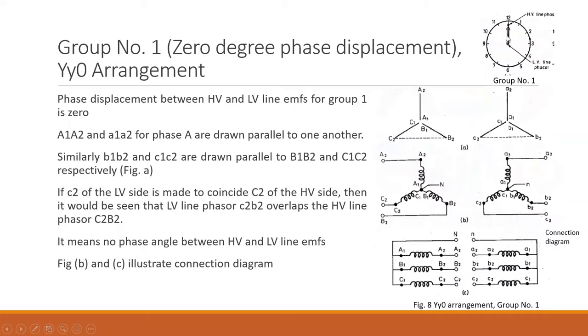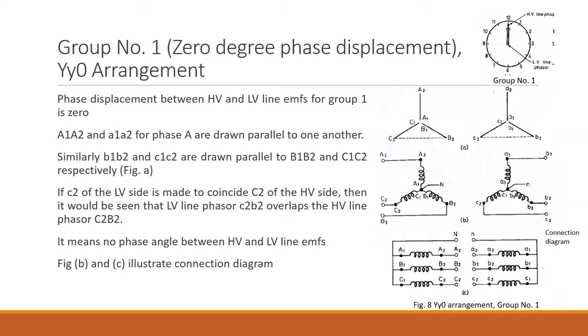Now we are going to talk about the Yy0 arrangement in order to understand group number 1. Here the capital Y indicates whether your HV is connected in delta or star. Y is indicating star, so your HV is connected in star. The small y is there, the second letter is in small. It is representing your LV, so LV is also connected in star.